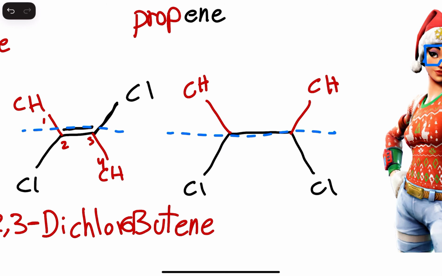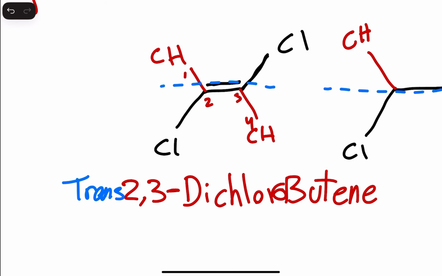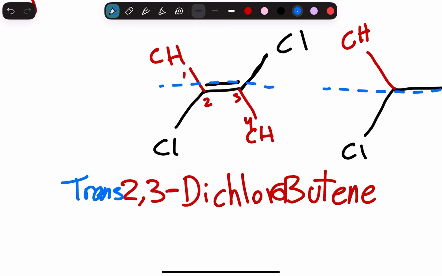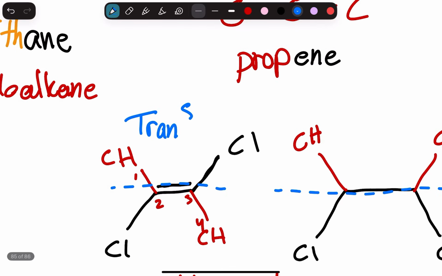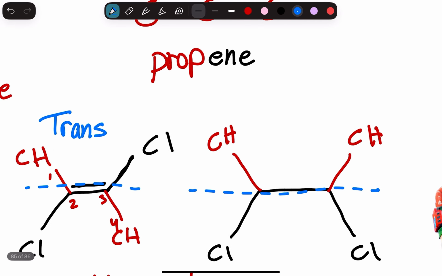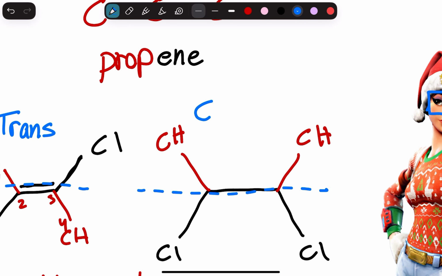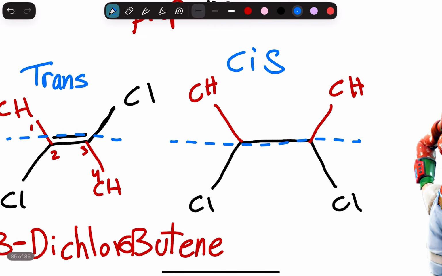So it wouldn't use the prefix trans, but it would use the prefix cis. So this one up here, when they are on different sides, is going to be your trans alkene. When they are on the same side, it would be your cis alkene.